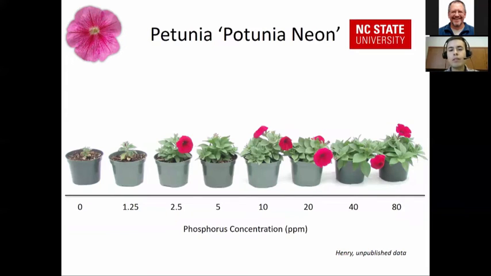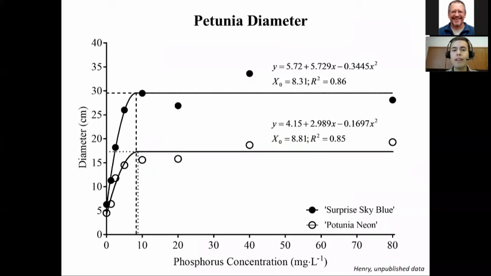The second cultivar we looked at was Petunia Neon, and obviously this plant has a much different growth habit. It's much more compact, but you can see that the plants reacted in a very similar way, where the plants that were grown with 10 parts per million phosphorus were a little bit larger than the plants grown with 5 parts per million. And so here is a chart showing the growth plateaus of Petunia diameter. The top growth plateau represents Surprise Sky Blue, and the bottom one is Petunia Neon.